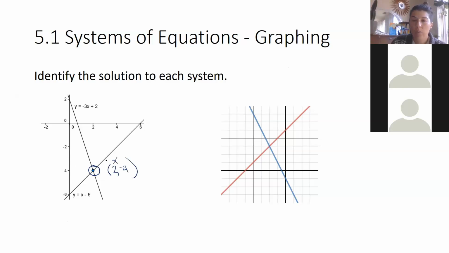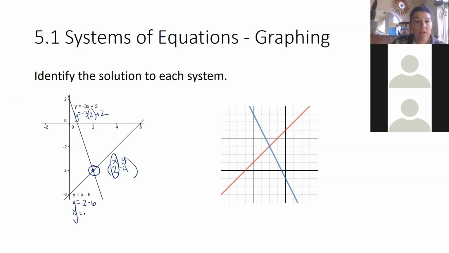So the x coordinate was 2 in both of them, and the y coordinate was -4 in both of them. So what this means is, if I would have substituted in 2 into either of these equations for x, what y value do you think I would get? -4. I would get -4.